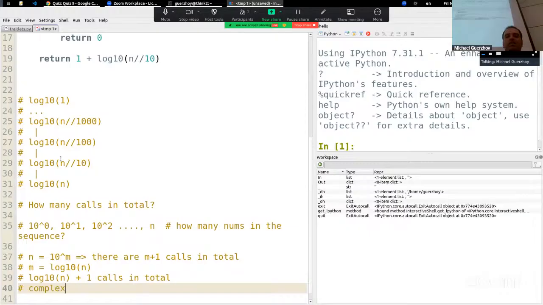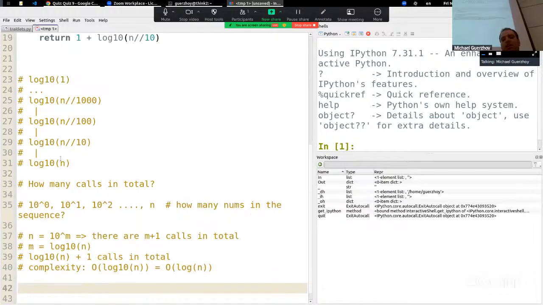So the complexity is O of log 10 of n, which is actually the same as just O of log of n. And that's just because it doesn't matter what the base of the logarithm is, right? The reason it doesn't matter, and this is just an aside, is that log 10 of x is equal to log of x divided by log of 10.